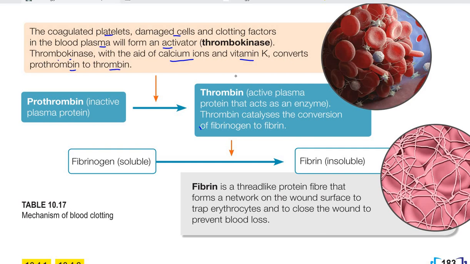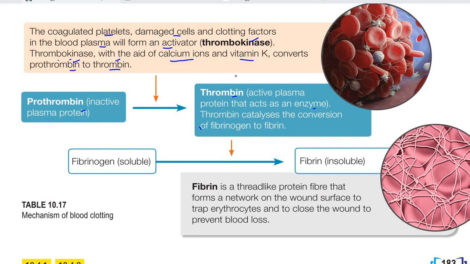These are the names that you must remember. First is thrombokinase, then prothrombin, thrombin. What is prothrombin? Prothrombin is an inactive plasma protein, converted by thrombokinase plus calcium ions and vitamin K into thrombin, an active plasma protein that acts as an enzyme.